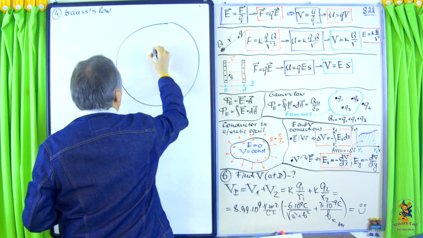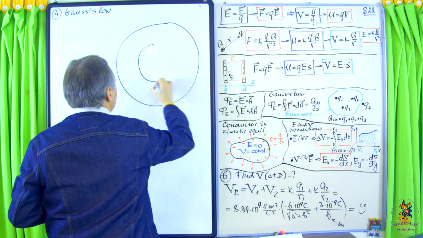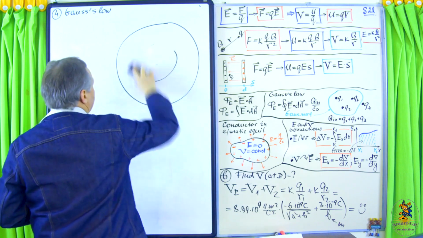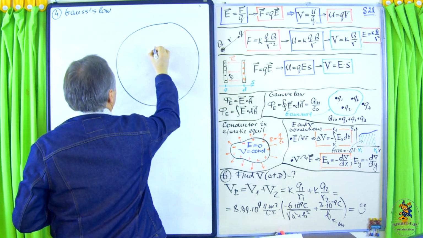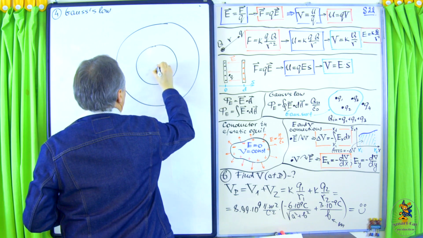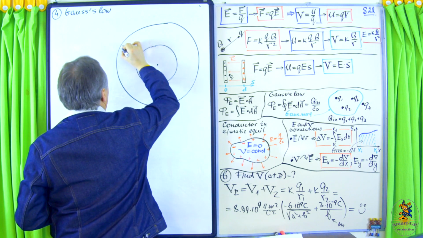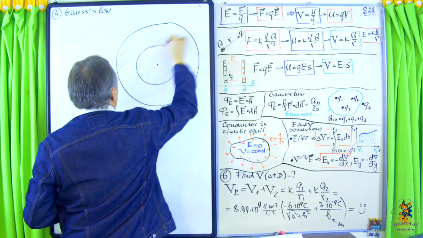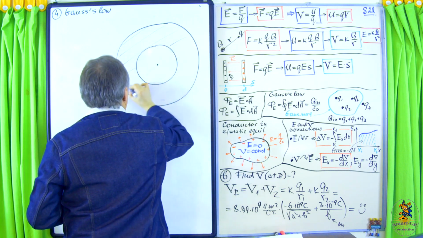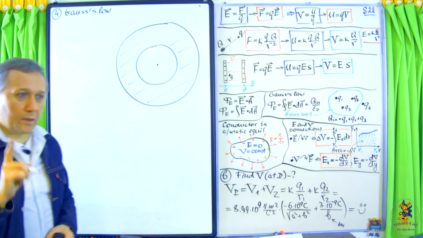Okay, let me draw also a hole, and then I will label. Okay, it's better. So, non-conducting material, it's here.